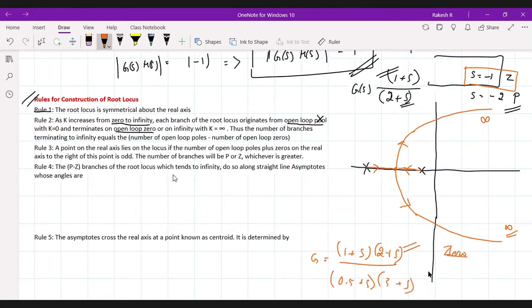But what is the meaning of open loop zeros and open loop poles? See, those are the roots of the numerator and roots of the denominator. You need to equate each to 0 and find the roots. The denominator roots are called poles, and the numerator roots are called zeros. Just remember that.